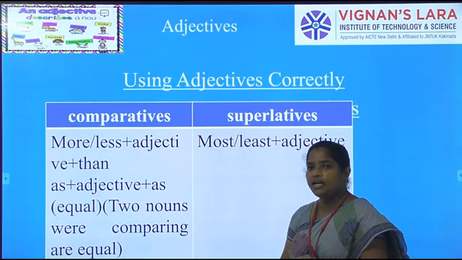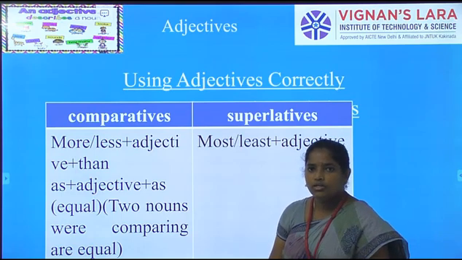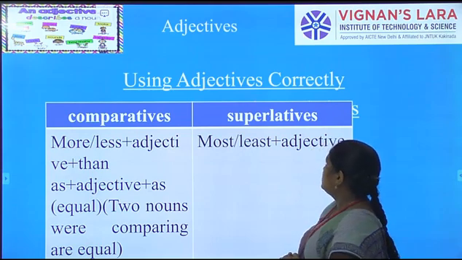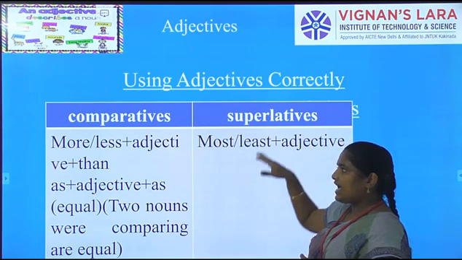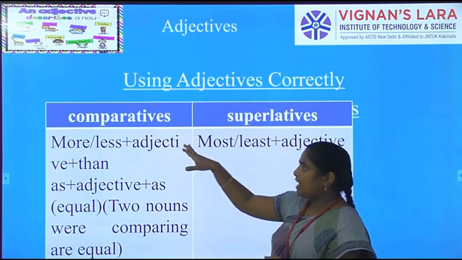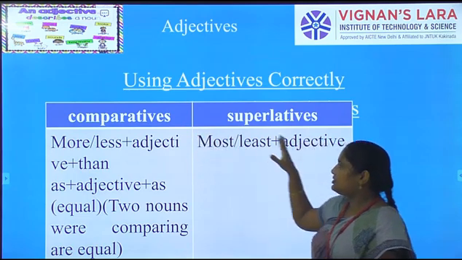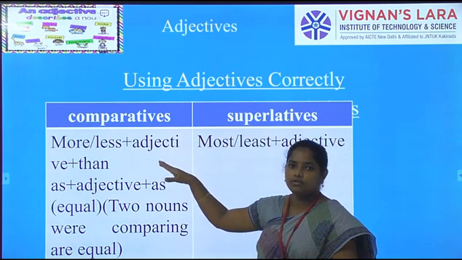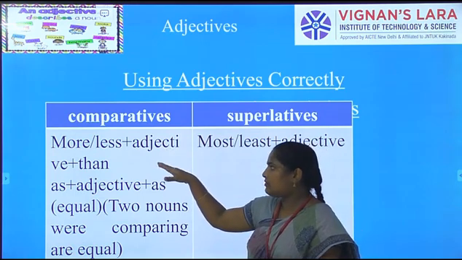Nowadays everyone makes wrong interpretations of using adjectives correctly. There are two types of adjective forms: comparative and superlative. We will follow this formula.